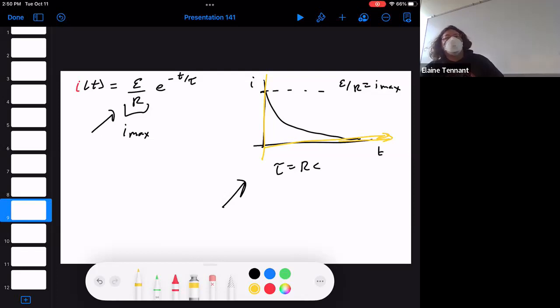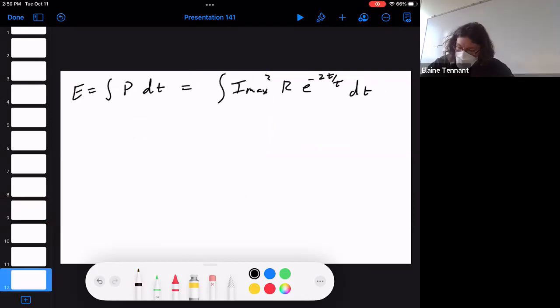No, right? So if I really want to know the total energy emitted, I have to start at time equals 0, and I have to go out to infinity. So my bounds are going to be 0 to infinity. Look good so far? This is part E right there. So there's E.